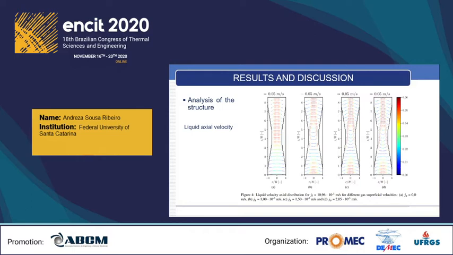Then, the flow structure can be evaluated in the convergent-divergent section. This figure shows the liquid axial velocity distribution for the laminar case and different gas superficial velocities.